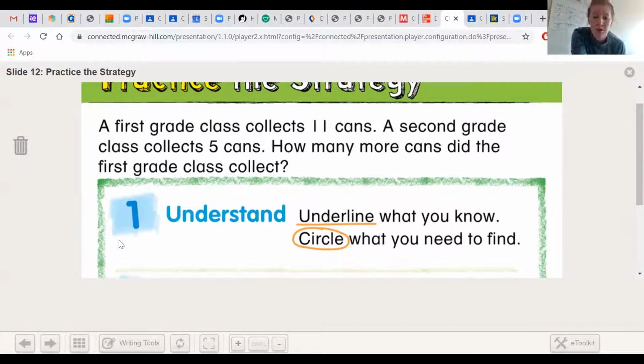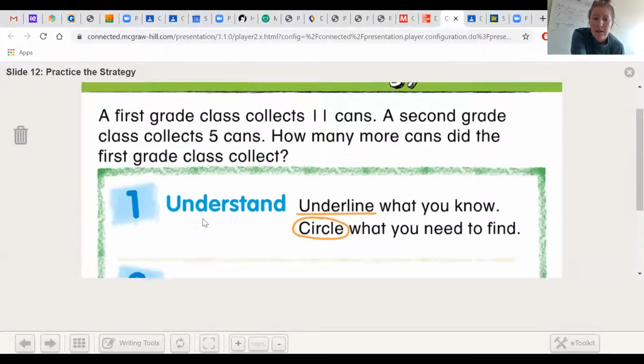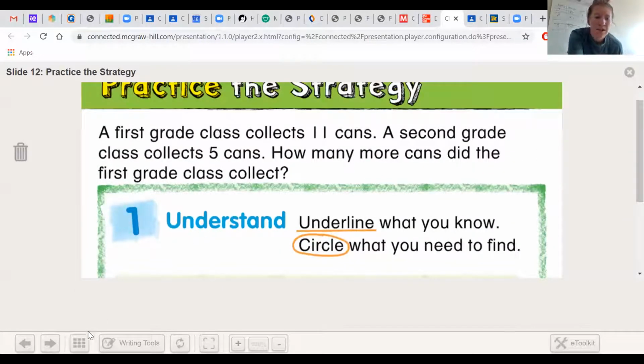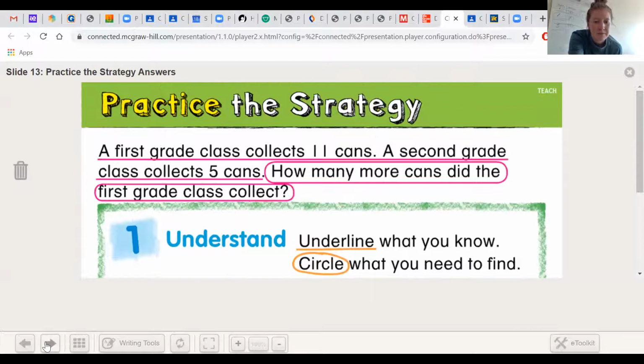Do you see that a table's already made for you? We're going to make a table to help us understand this information. We underline the important parts, just like we do in class. A first grade class collects 11 cans. That's going to be important. A second grade class collects 5 cans. That's going to be important. And how many more cans did the first grade class collect is our question.